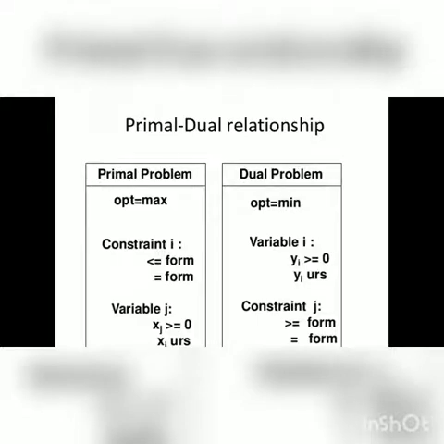If the primal problem has greater-than-or-equal-to type constraints, then the dual problem has less-than-or-equal-to type constraints. The profit coefficients of the primal problem appear on the right-hand side of the dual problem. The last point is that a row in the primal becomes a column in the dual and vice versa.